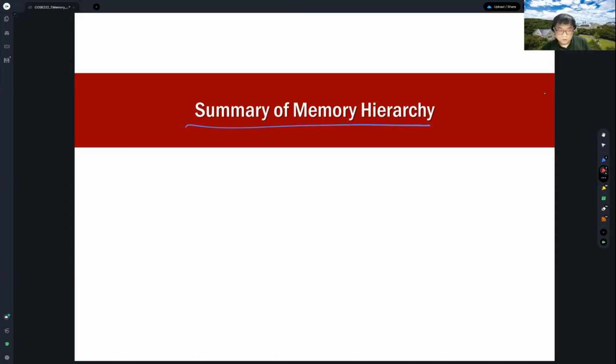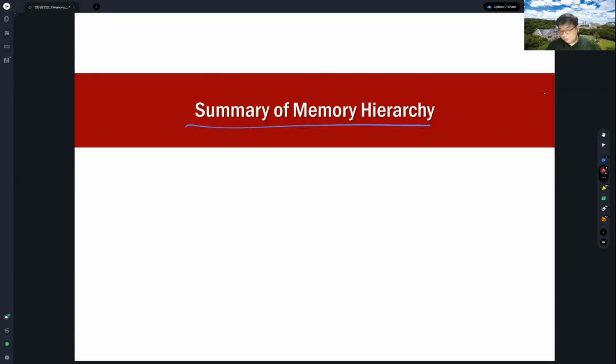That's why we use cache. When we discussed cache performance, we learned that with the cache we can reduce the effective CPI, which means we can increase performance. Also, the cache exploits the locality of our application.